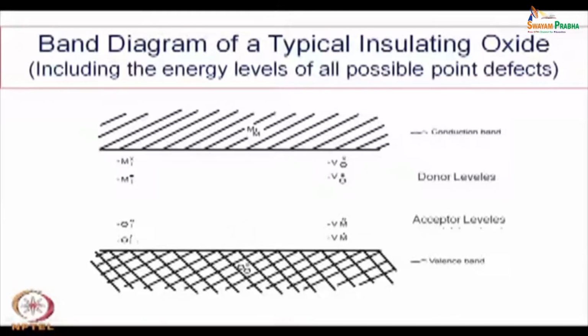We do not have to add any impurity to create acceptor or donor levels. The point defects themselves act as acceptor or donor levels within the oxide. They have their energy levels within the band gap, so they actually create energy states which can act as donor or acceptor levels.